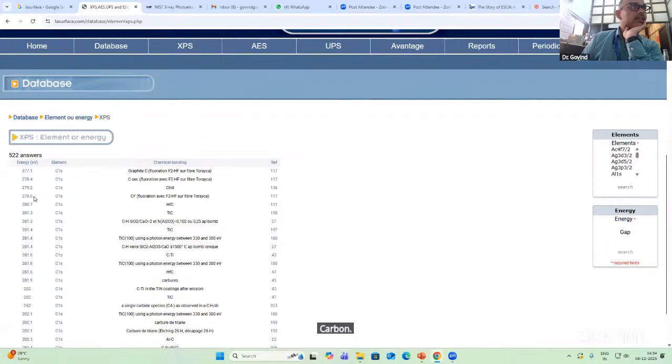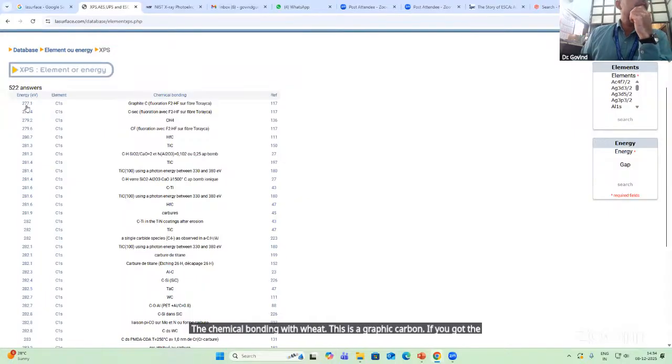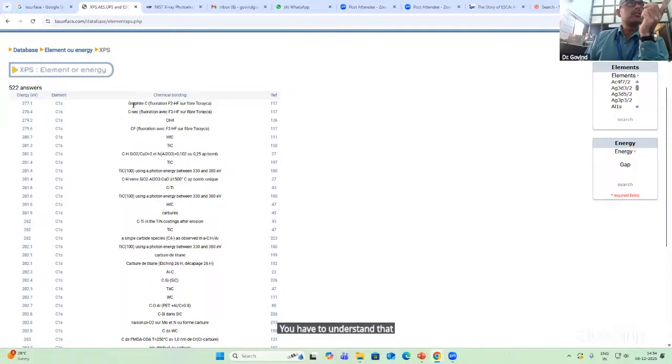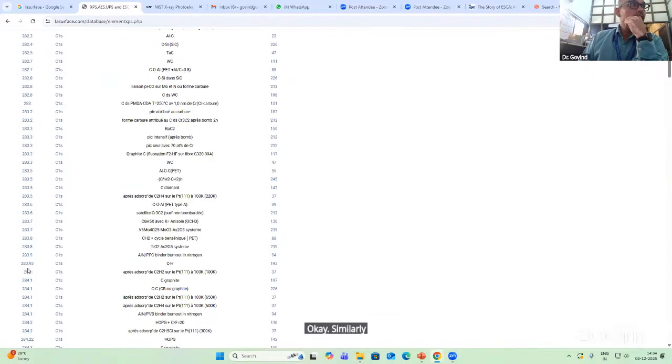What is its binding energy? If it is C1s, what is the chemical bonding? This is graphitic carbon. If you get a binding energy of 277.1, you have to understand that it is related to graphitic carbon. Similarly, 283.93, this is CH bonding.